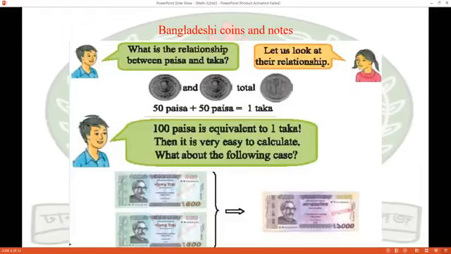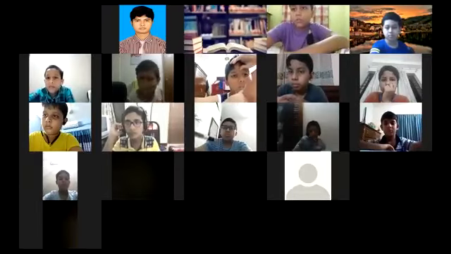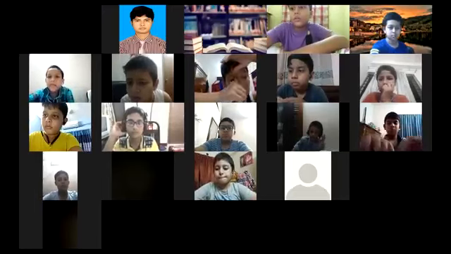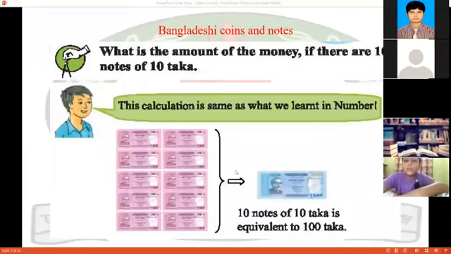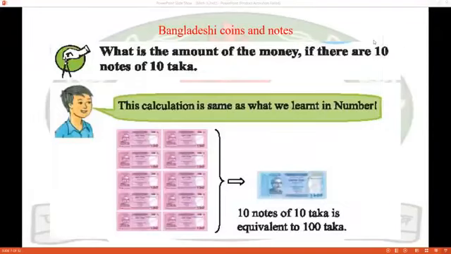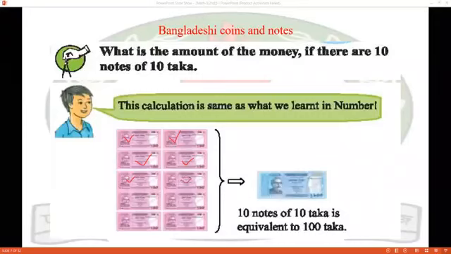We see that there are 10 taka notes. 1, 2, 3, 4, 5, 6, 7, 8, 9, 10.